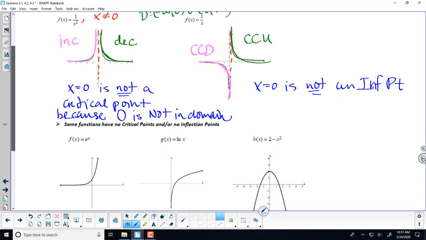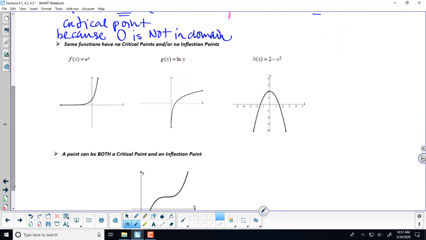Okay? So sometimes functions don't have any critical points, or they don't have any inflection points, or they may have one or the other but not both.